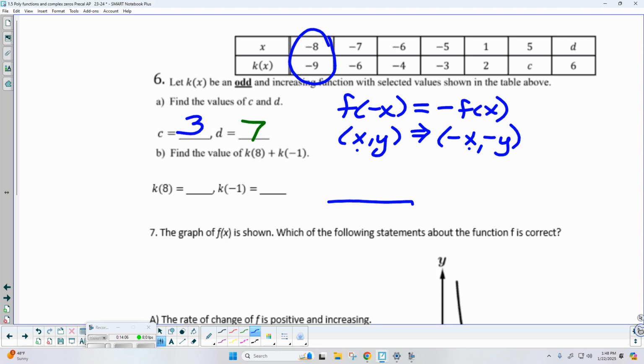So if this really is an odd function, then a positive 8 will give me what? Positive 9. Negative 1 is what I'm looking for now. I see that a positive 1 will give me a positive 2, so a negative 1 will give me a negative 2. Then I just add those together. So 9 plus negative 2, that's a 7.